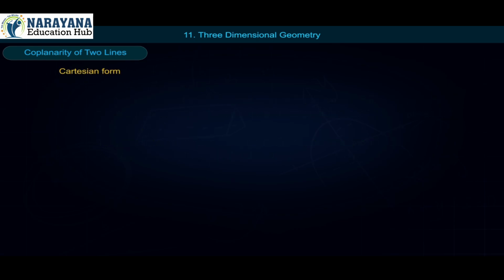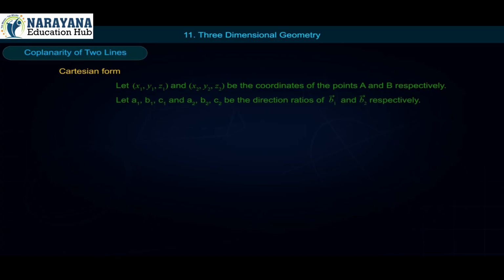Equation 3. Cartesian form. Let (x1, y1, z1) and (x2, y2, z2) be the coordinates of the points A and B respectively. Let a1, b1, c1 and a2, b2, c2 be the direction ratios of vector b1 and vector b2 respectively. Then vector AB is equal to (x2 minus x1) i cap plus (y2 minus y1) j cap plus (z2 minus z1) k cap.